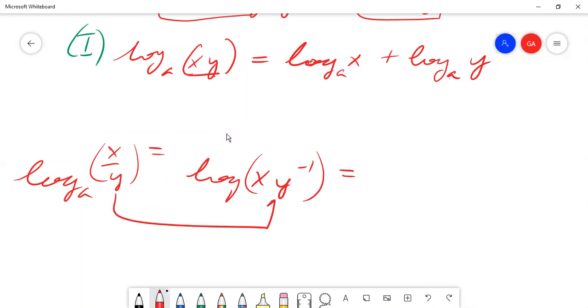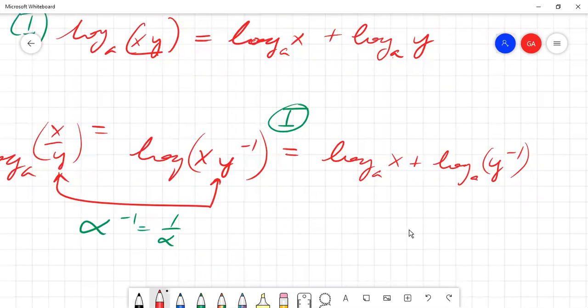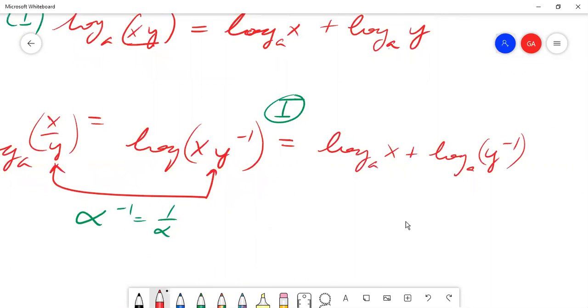So first of all, do you agree that x divided by y is x times y to the negative 1? I hope you do, because we talked about how alpha to the negative 1 is 1 over alpha. So that's what's going on in this stage. And then I'm going to apply property 1 here. By property 1, this is log base a of x plus log base a of y to the negative 1. Well, I guess I haven't proven this yet.